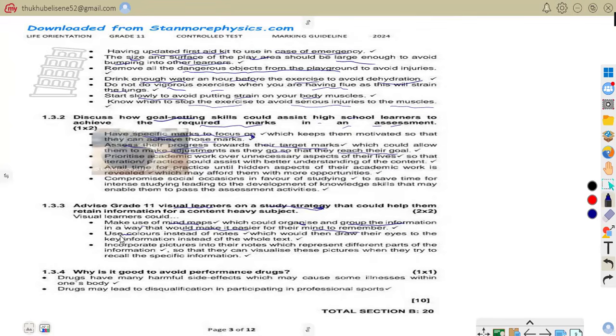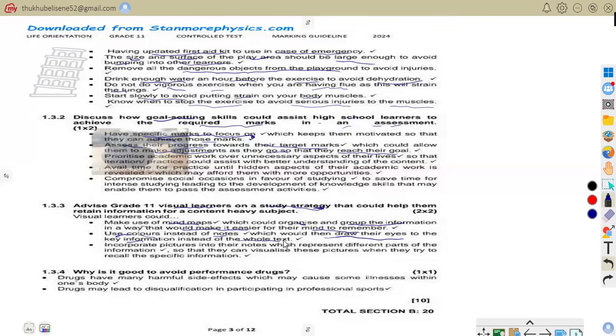Use colors instead of notes, which would draw their eyes to the key information instead of the whole text. So here you have to use colors or images. This improves memory.